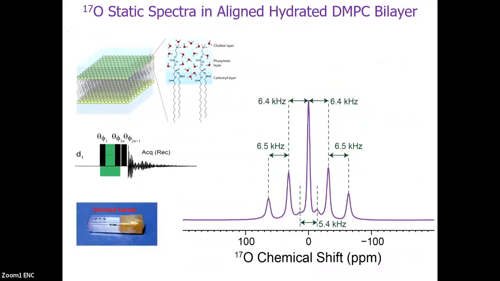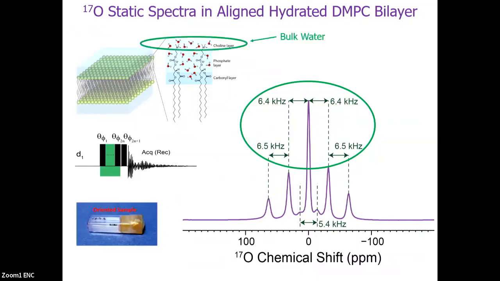And we move on to doing some aligned samples as well, so aligned lipid bilayers. What we see for the bulk water is a small residual quadrupole coupling, about 6 kilohertz, which is relatively small compared to the large quadrupole coupling of the O17.